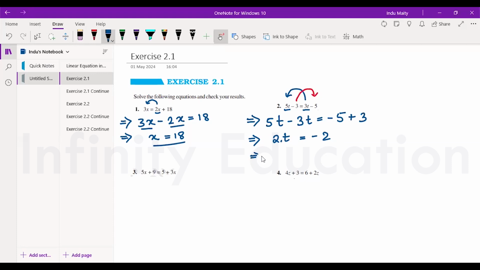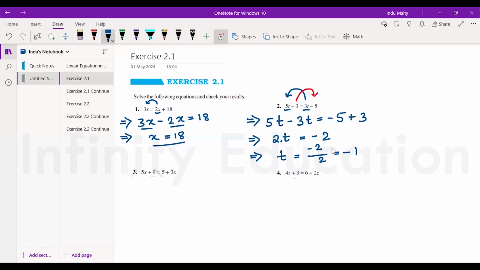So t is equal to negative 2 by 2, which is negative 1. So the value for the variable or unknown, that is t in this equation, is negative 1.